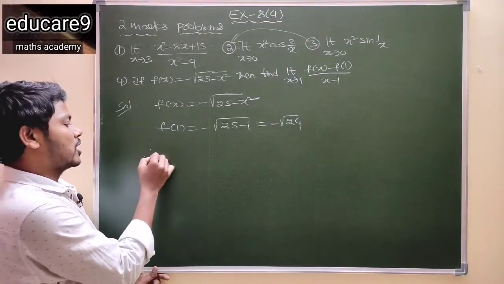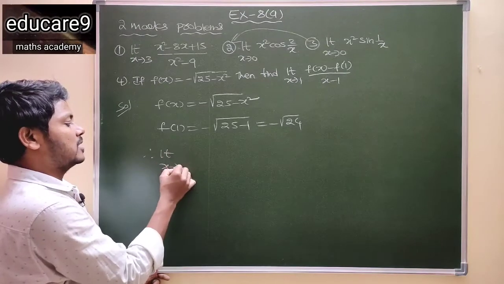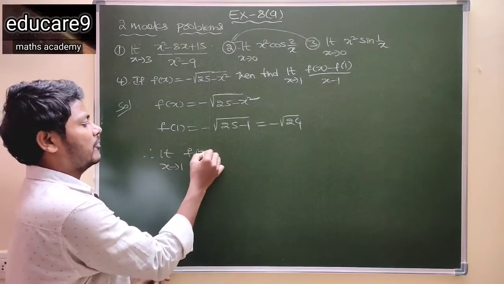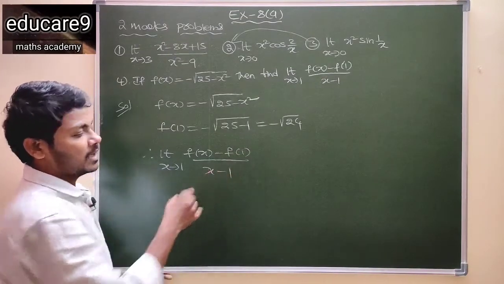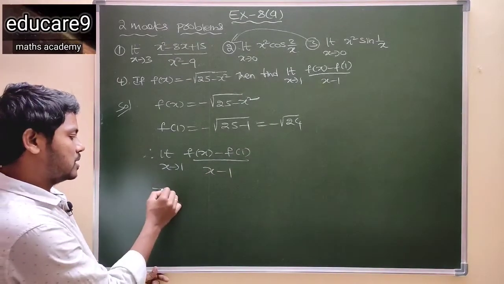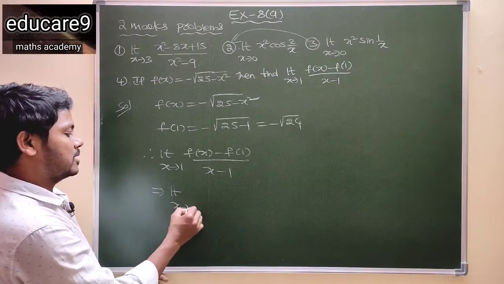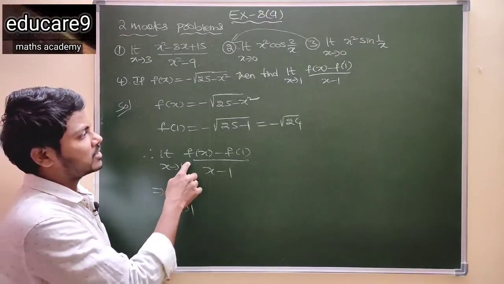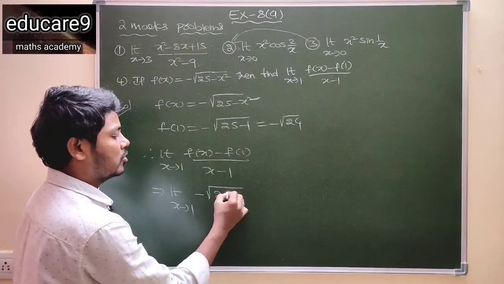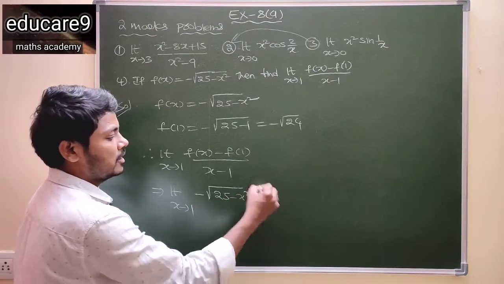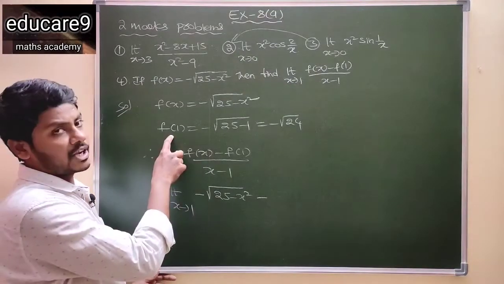So therefore, limit x tends to 1, f of x minus f of 1 divided by x minus 1. So what is the f of x value? This one: minus square root of 25 minus x square. In between, minus. And what is the f of 1 value?